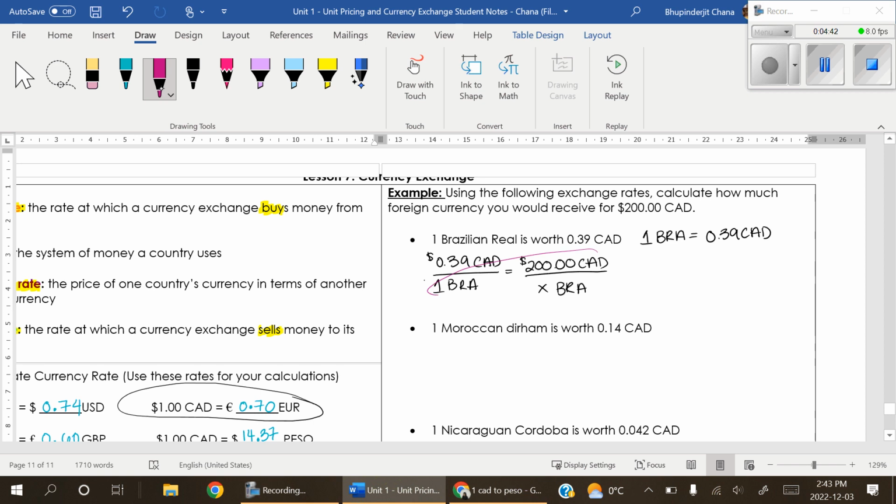Okay, we're going to circle. So x is equal to 200 times 1 divided by 0.39. So let's put that into our calculator. 200 times 1 divided by 0.39. And we round that to 512.82 Brazilian dollars or Brazilian real.